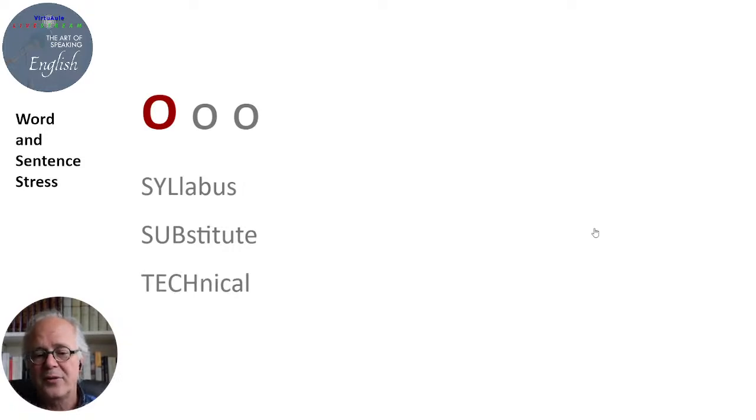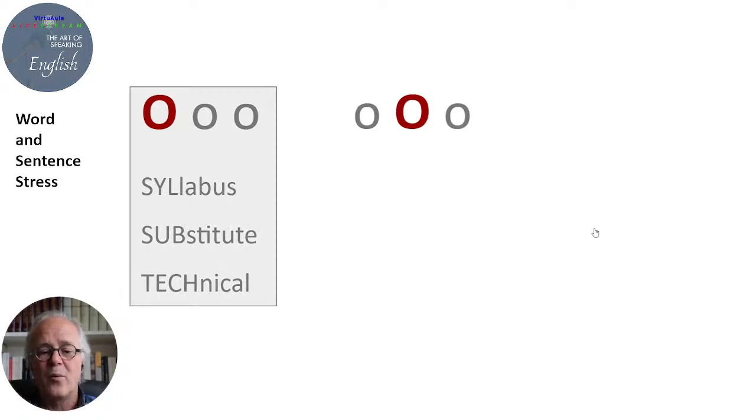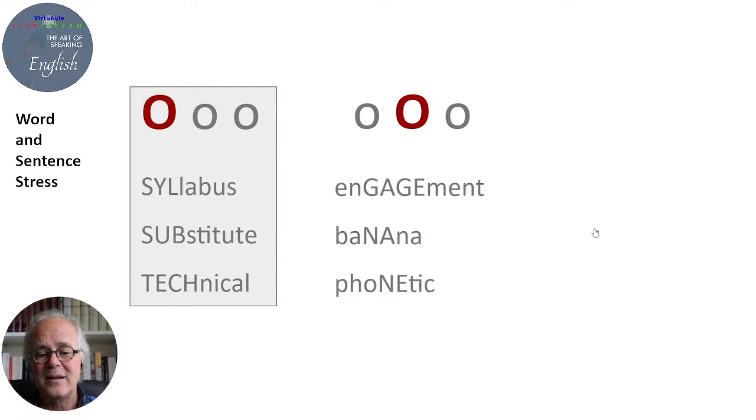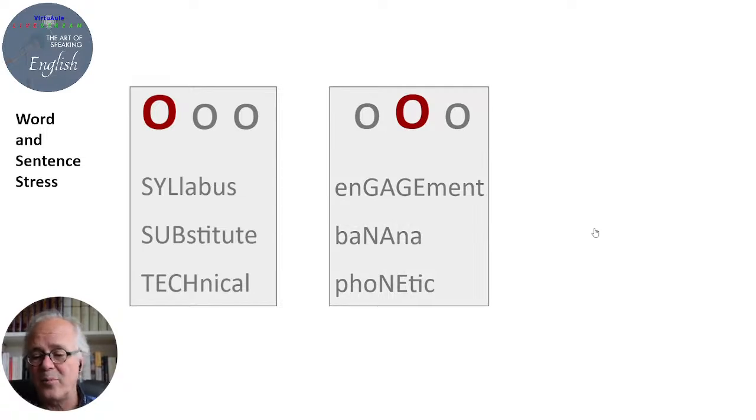So we have three different words with this stressed syllable on the first syllable. Okay, and the second group with the stress syllable in the middle, we can put engagement, banana, and phonetic. So these are three words with this syllable in the middle that is stressed, the second syllable.